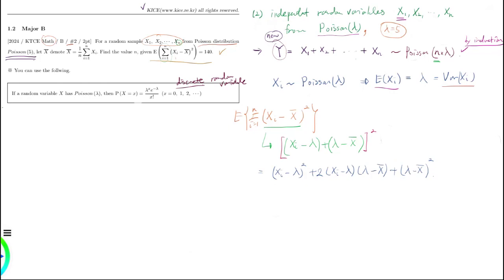Okay, and I will add them up here, just sigma from i equals 1 to n.